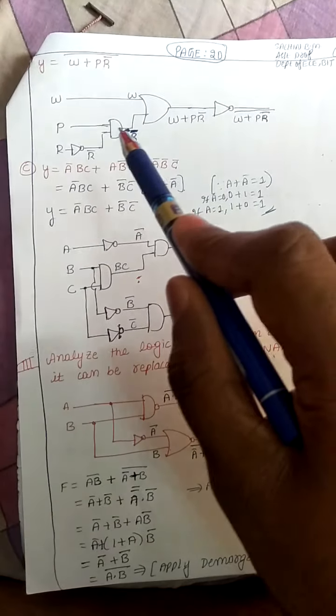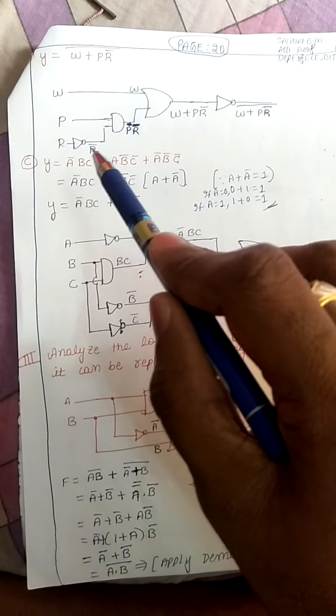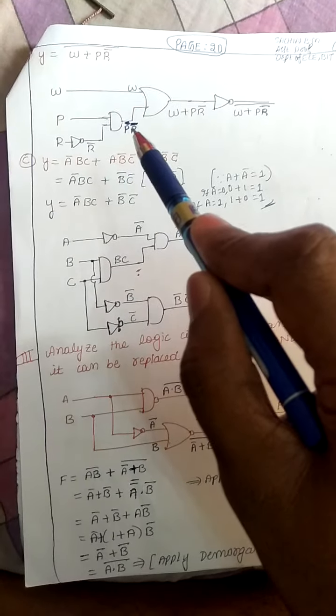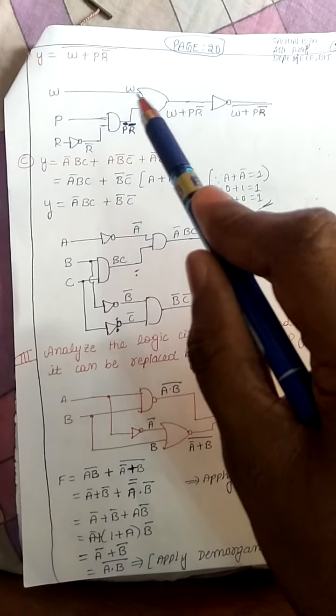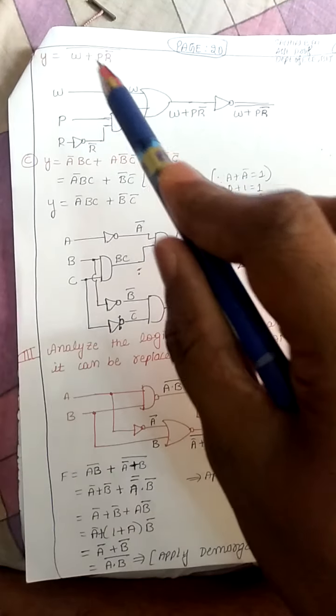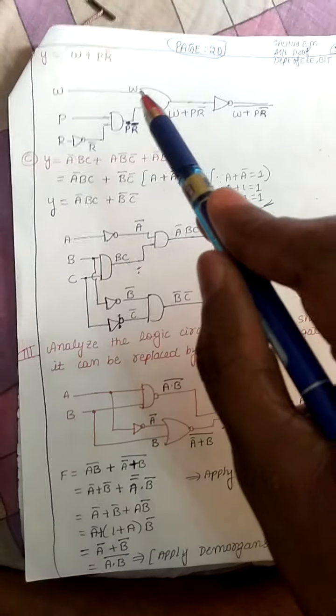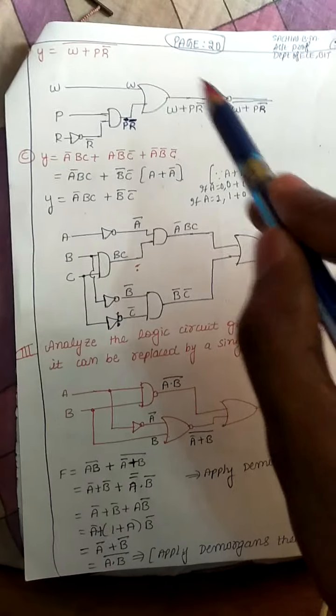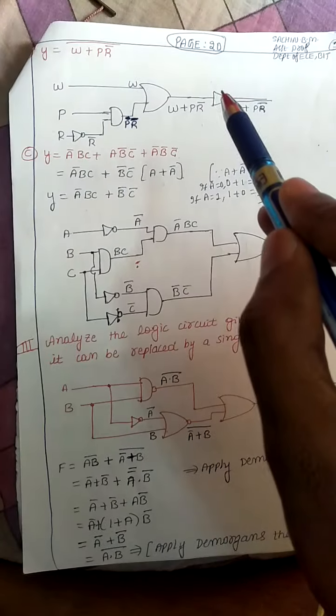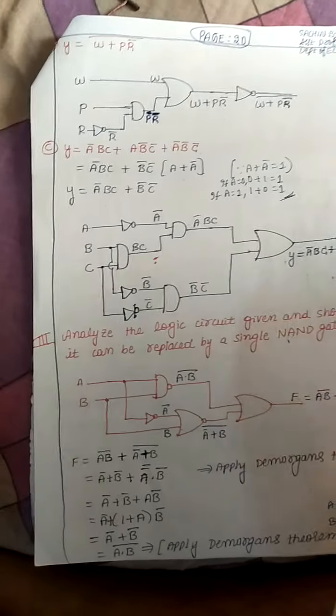So for R bar you use a NOT gate, then P R bar with an AND gate. To get the sum you use an OR gate, followed by the complement, so you have to use a NOT gate.